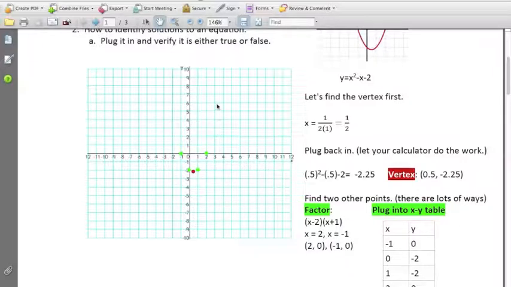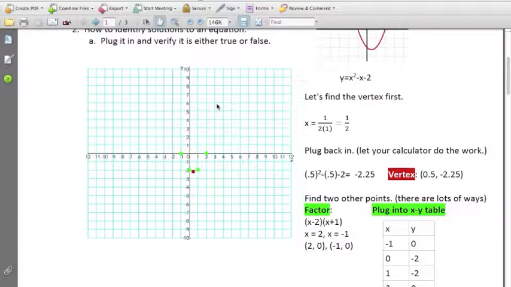If you can't do that, you need to stop the video, go to your section, and pull up section 3.1 or go back to the 3.1 video and rewatch how to graph this. I did that in detail on several different videos depending on what kind of information we started with: was it vertex form, intercept form, or standard form? Check the videos out if you need a bigger refresher than what we just went through.